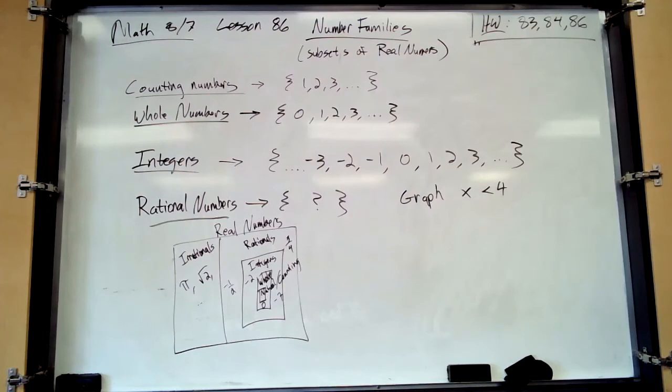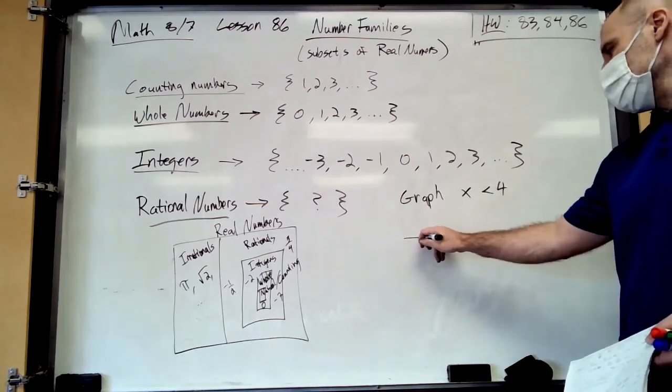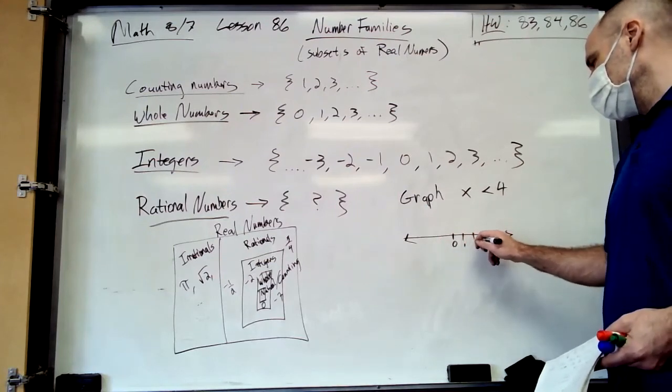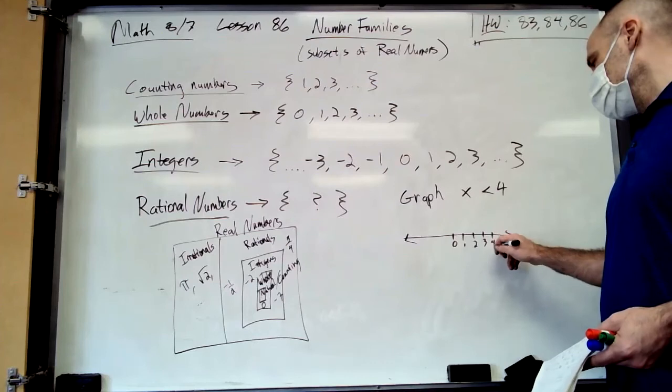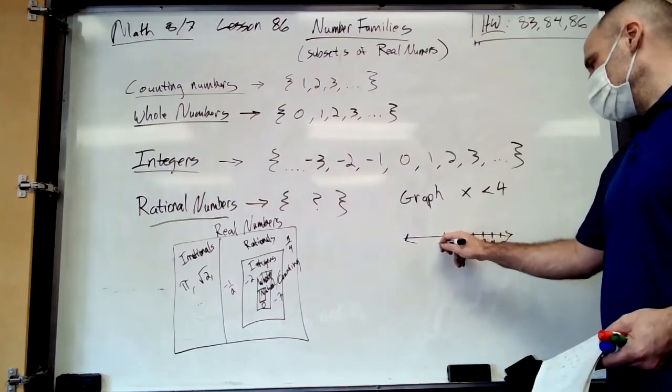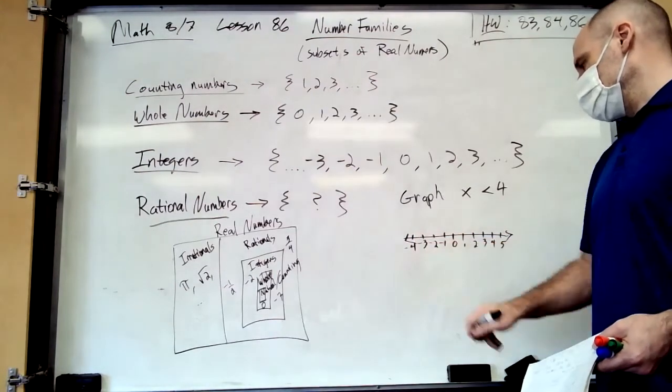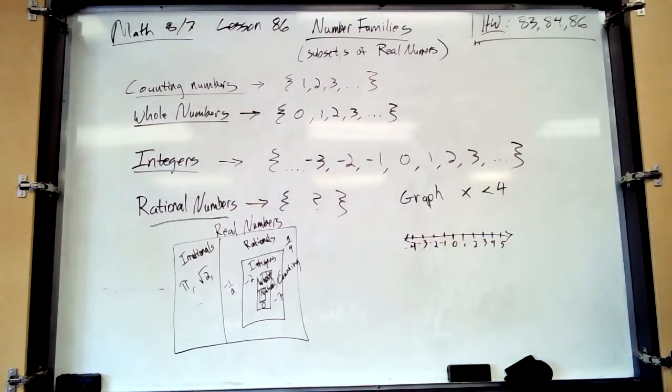How? With a number line. That's what I was going to say. Okay, so how do I draw that on a number line? How do I graph everything less than 4?